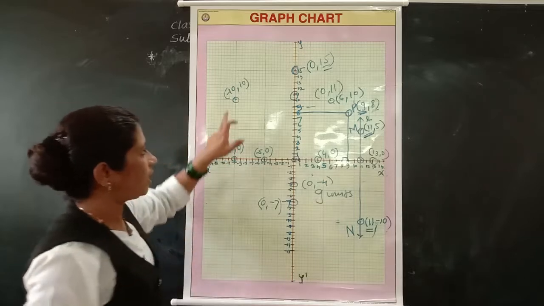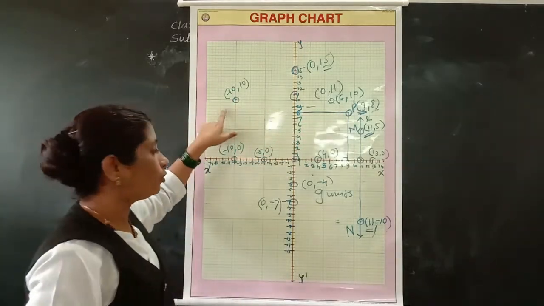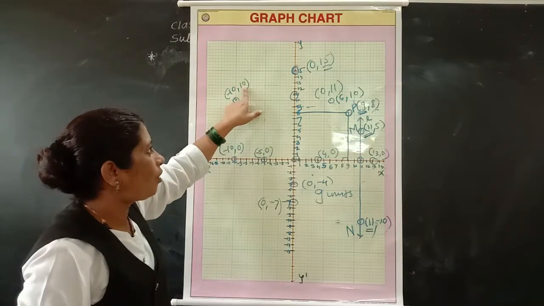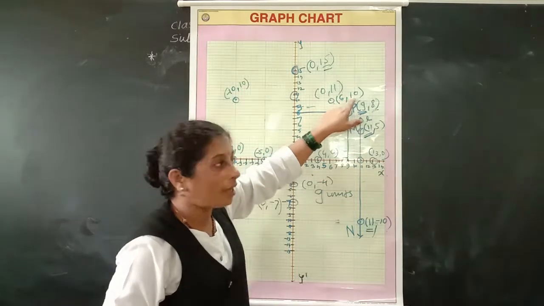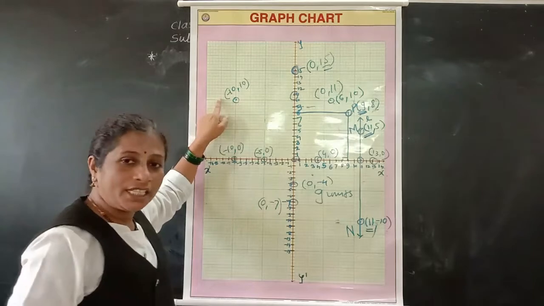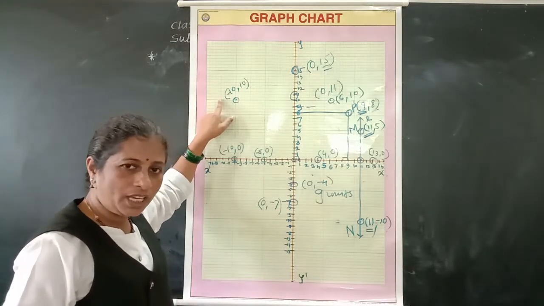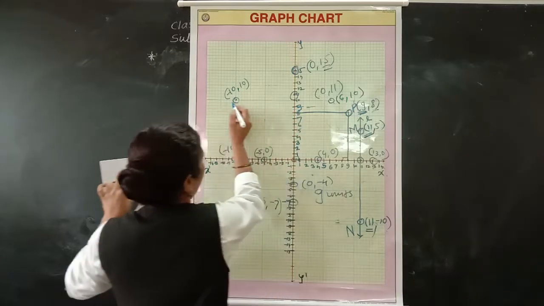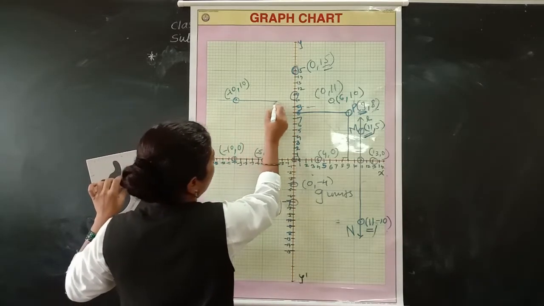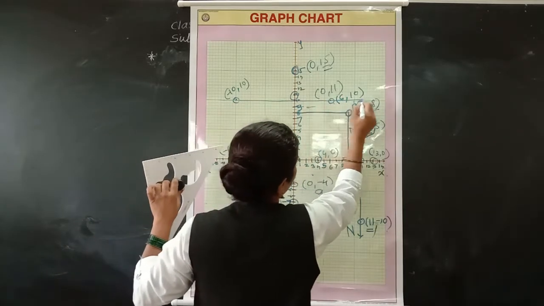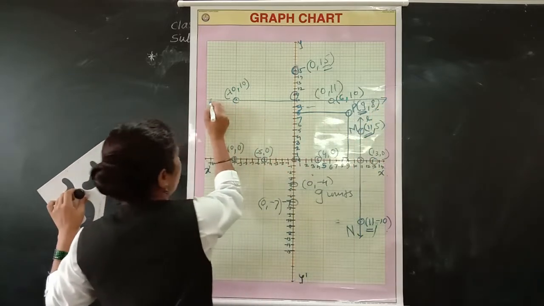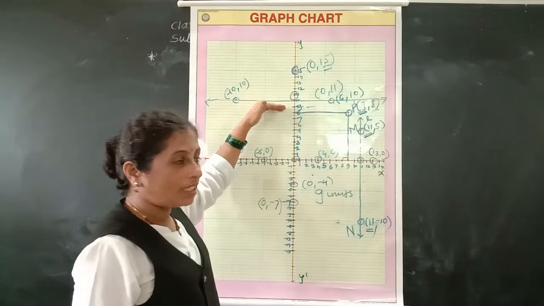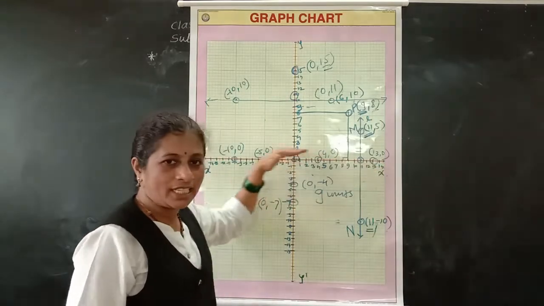Now if you look at these 2 points properly, what do we observe? We observe that the ordinate is the same but the abscissa is different. If we draw a line through these 2 points, then that line is parallel to which axis?